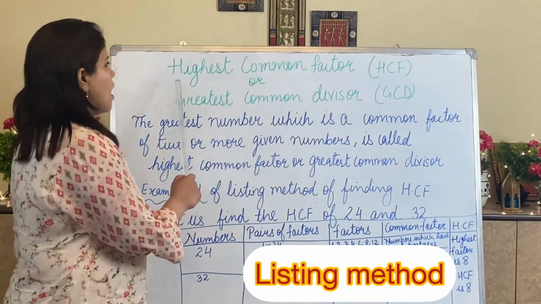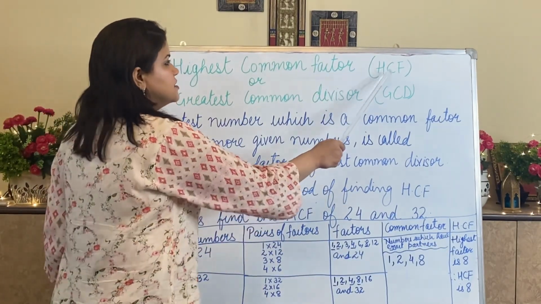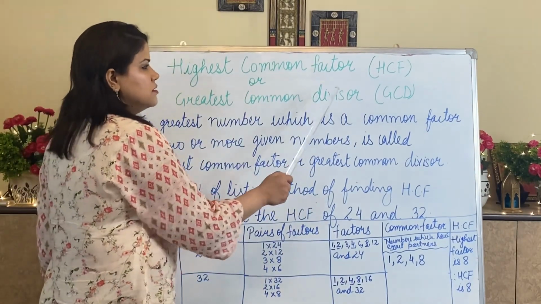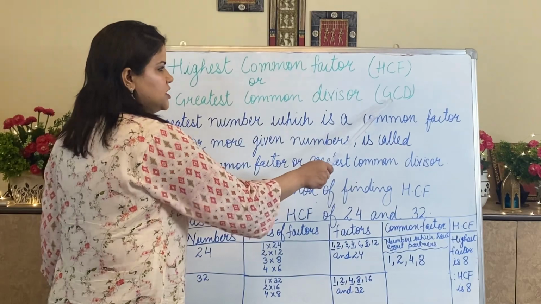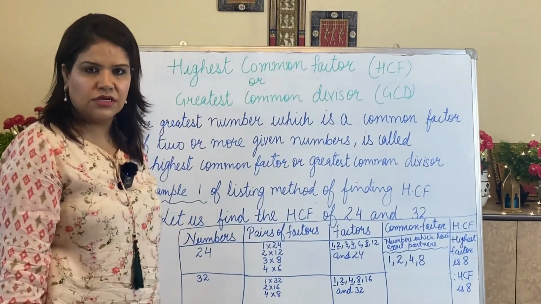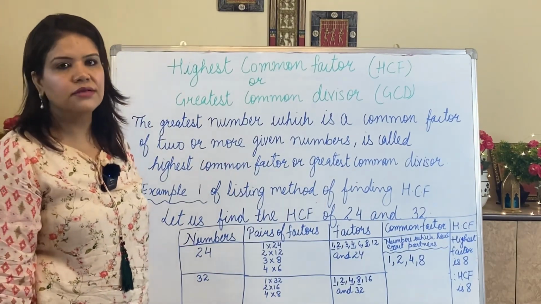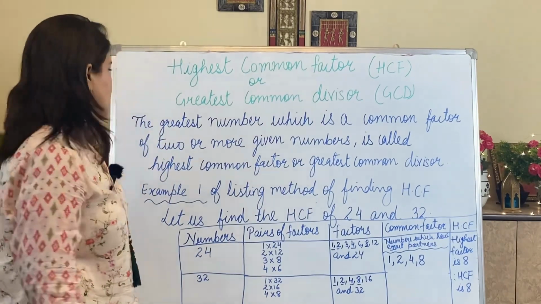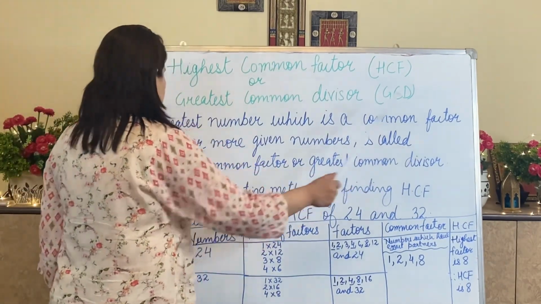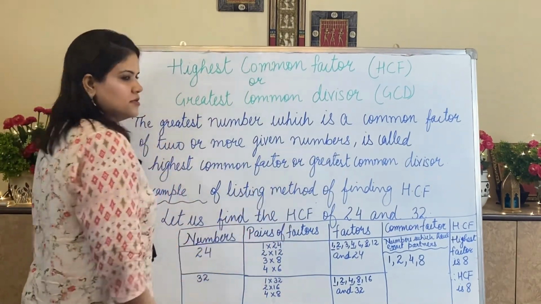Now I am taking highest common factor, which in short form is known as HCF, or greatest common divisor, which in short form is known as GCD. Any of the names you can take, greatest common divisor or highest common factor. The method will remain the same, the meaning is the same. The greatest number which is a common factor of 2 or more given numbers.